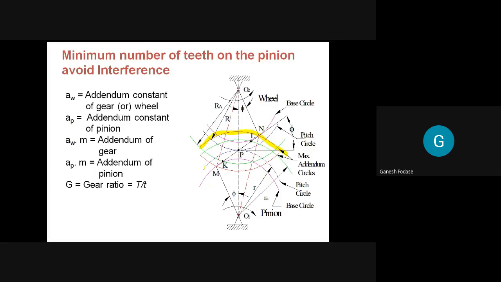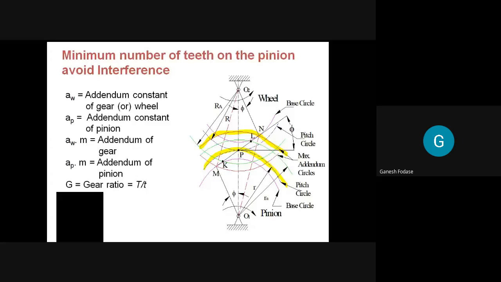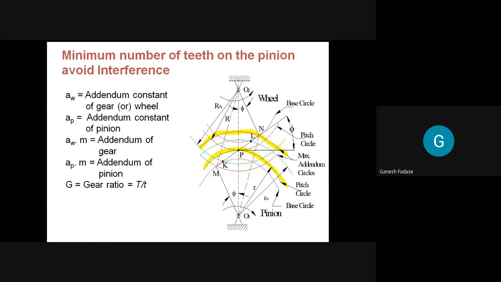This one is the pitch circle. Your addendum radius is O1N and the pitch circle radius is O1P, so addendum is nothing but this distance. How much is it? It is simply O1N minus O1P. So the maximum addendum to avoid the interference is O1N minus O1P.